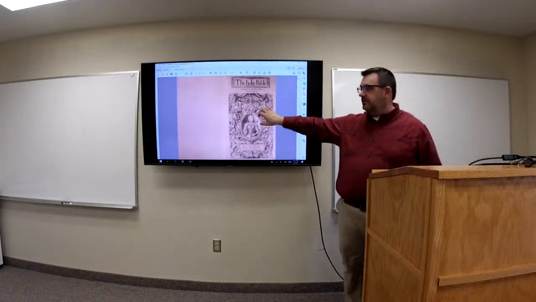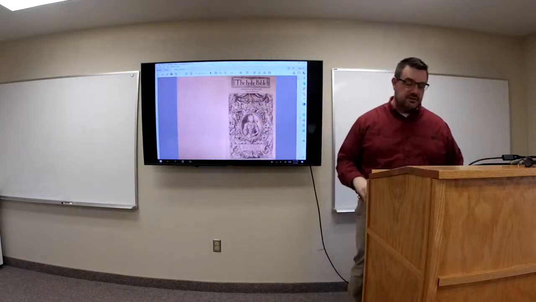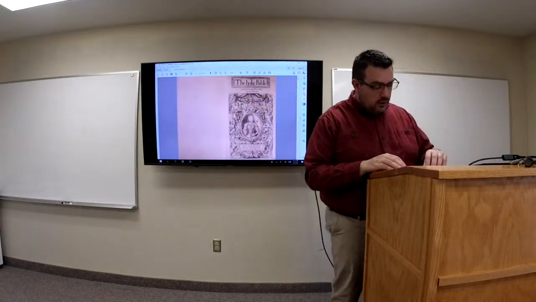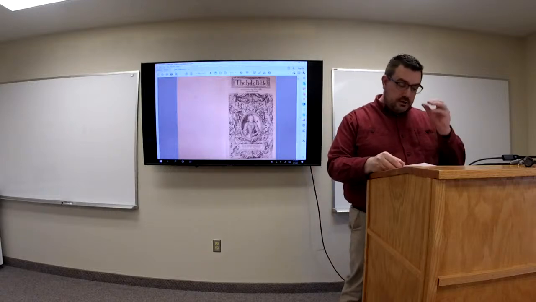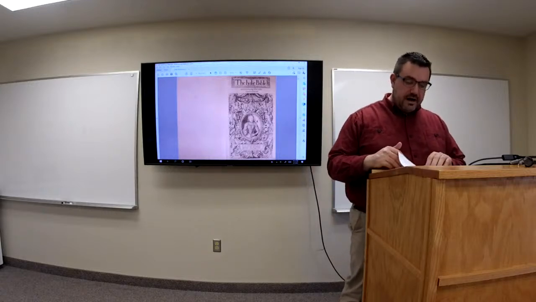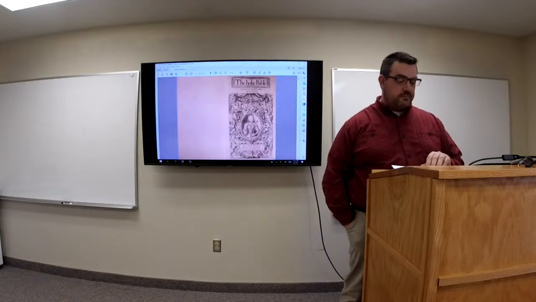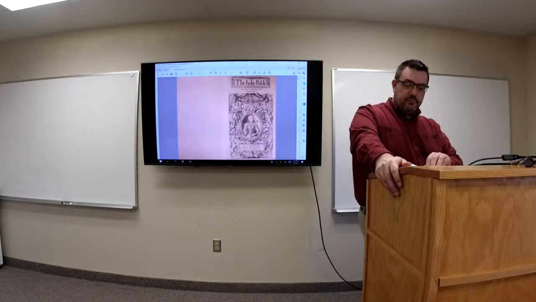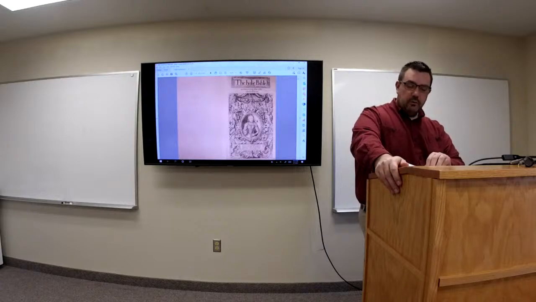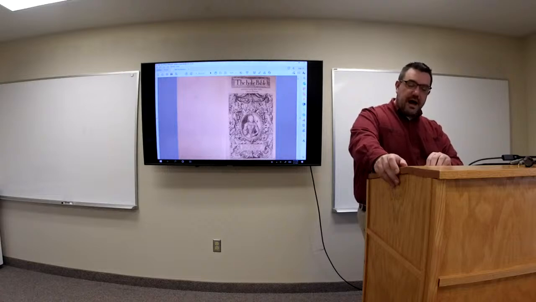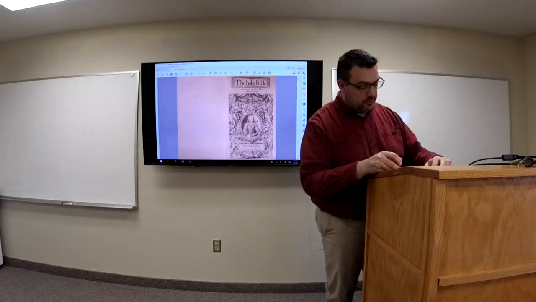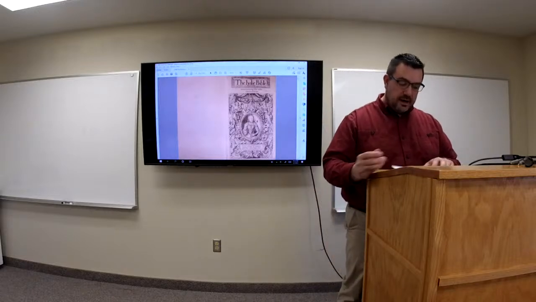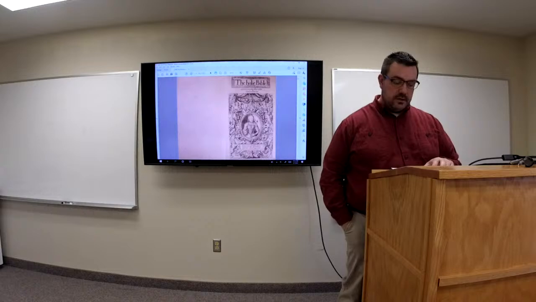So again, this is the title page from a 1568 Bishop's Bible. All sources report that Archbishop Matthew Parker was the driving force behind the creation of the Bishop's Bible. Condit states the following regarding the matter, quote, Matthew Parker, Bishop of Canterbury, was the leader of this enterprise. Among his reasons for setting forth a new version was that the copies of the Great Bible were so scarce that it was impossible to supply the churches.